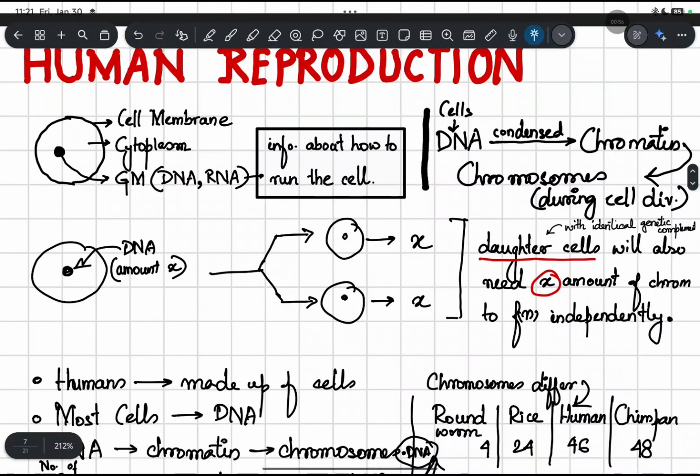Every cell contains DNA, and DNA is condensed to form chromatin. And only during cell division, the chromatin forms chromosomes by replication, right? We'll deal with chromosomes further as well.